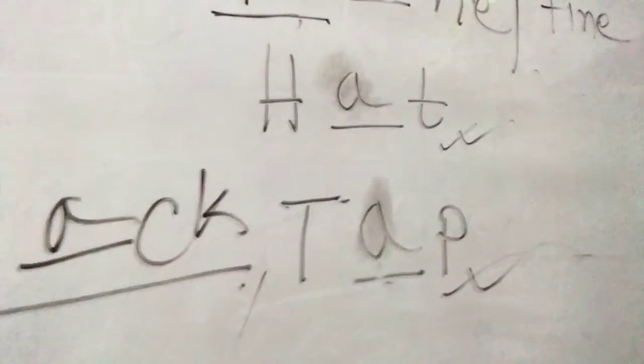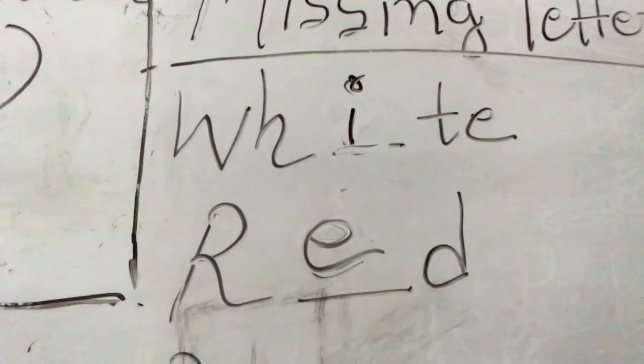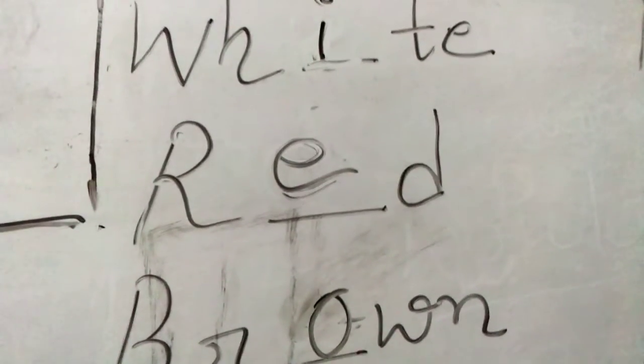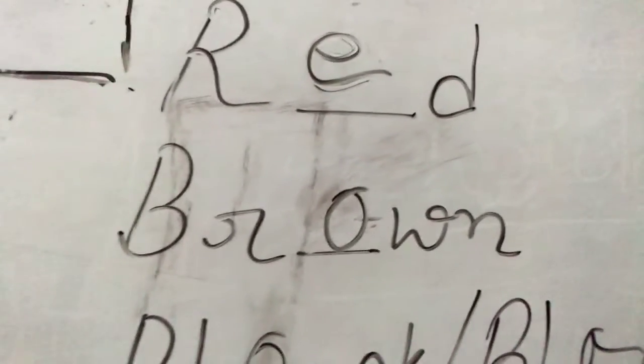Let us go through the words once again from the first to the last. W-H dash T-E. See, I put an I and it becomes white. White is a name of color. R dash D, I put an E, it becomes red. It is a name of color. B-R dash W-N, if I put an O, it becomes brown.